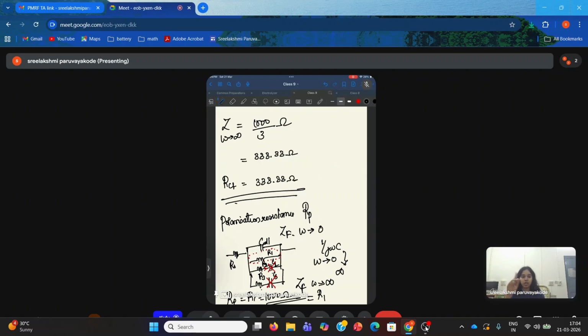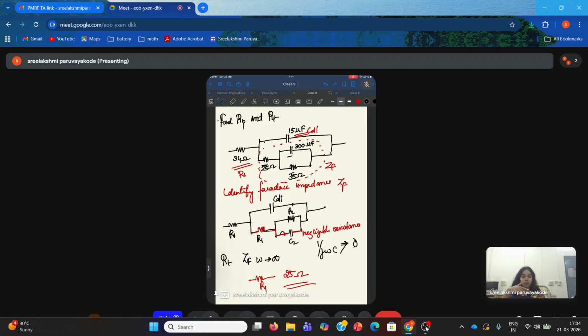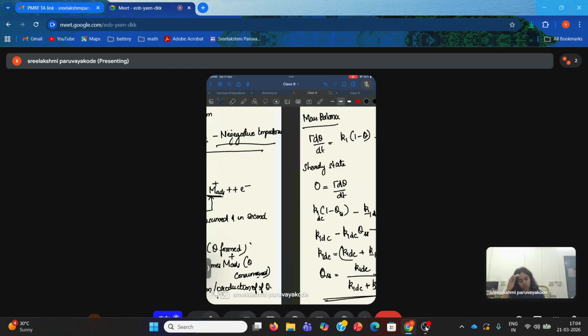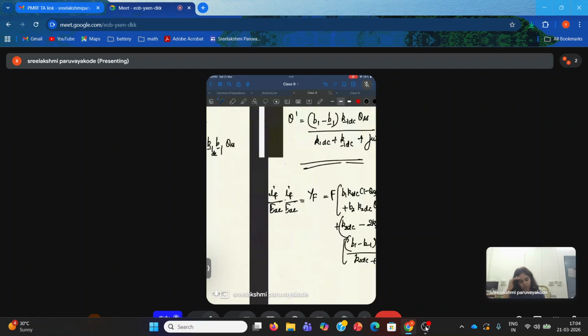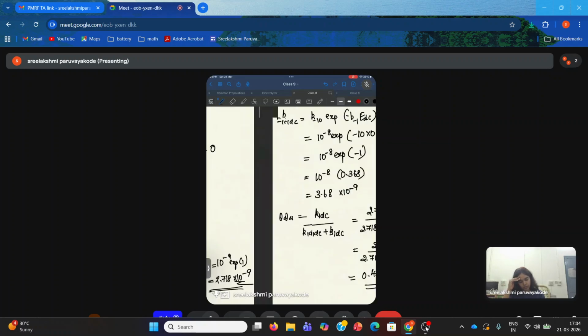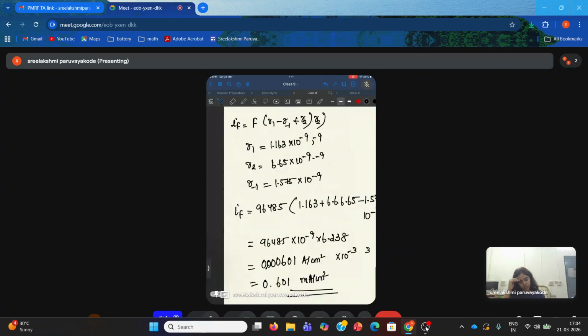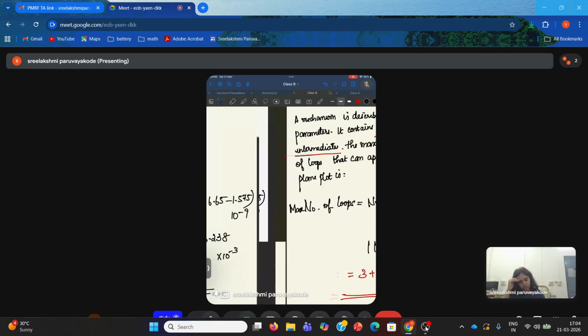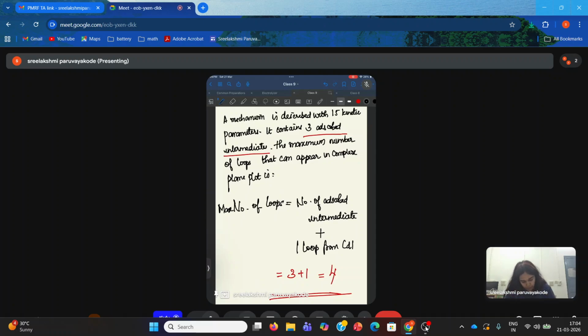And apart from that, it will have an additional resistance, like the one over here or the one over here. This one becomes the charge transfer resistance also. So it's a combination of this individual R with the pair of RC corresponding to every adsorbed intermediate that forms a Faraday impedance. So coming back to the question, a mechanism with 15 parameters and it has 3 adsorbed intermediates.